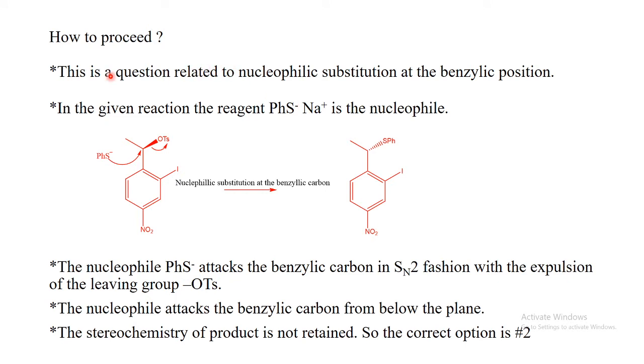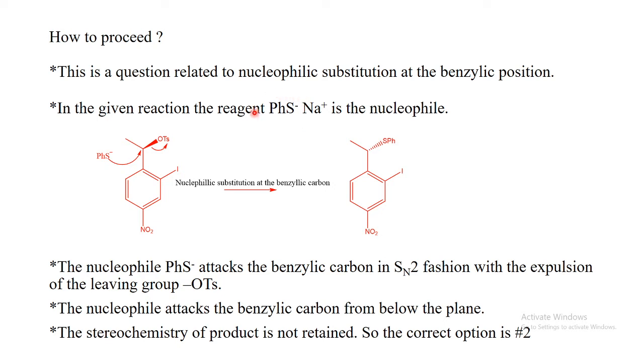First of all, we need to realize that this is a question related to nucleophilic substitution reaction at the benzylic position. So the benzylic position is identified as this position. So in the given reaction, the reagent is sodium thiophenolate.